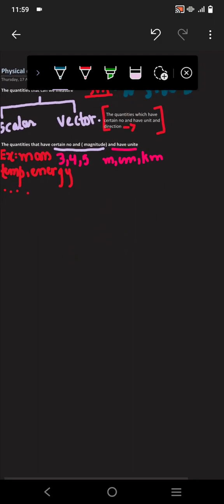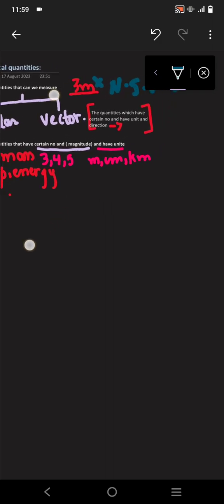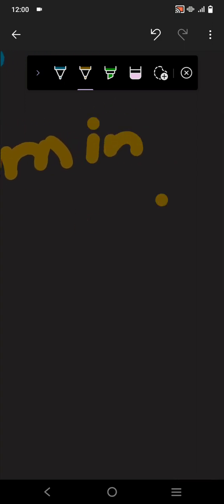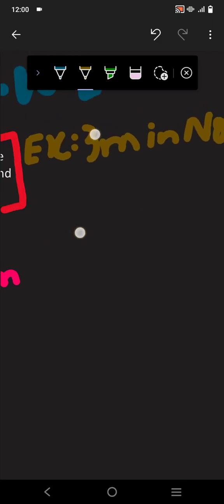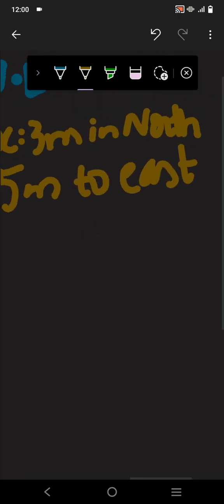So the quantities that have a particular direction and a certain number. For example, 3 meters in the north, 5 meters to the east. These are the examples.